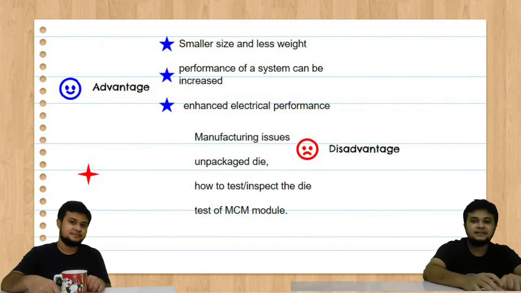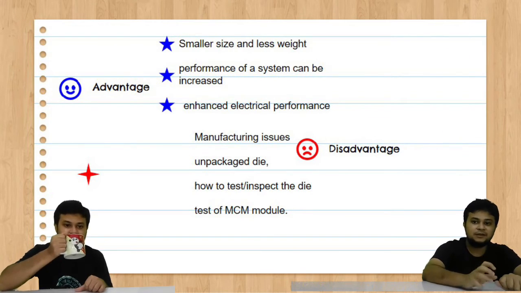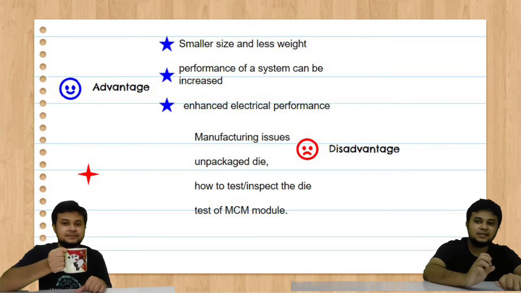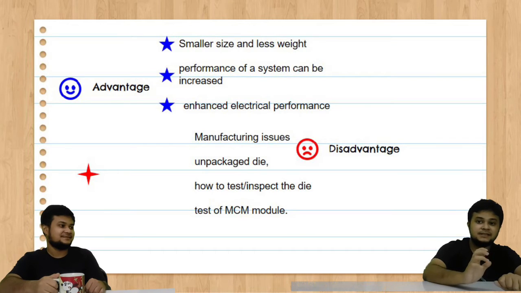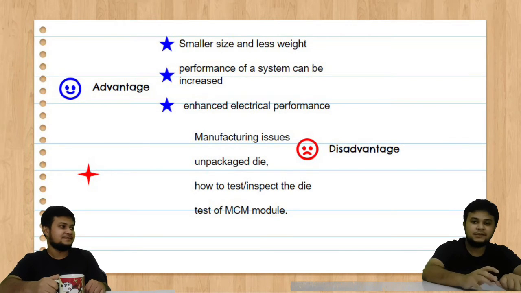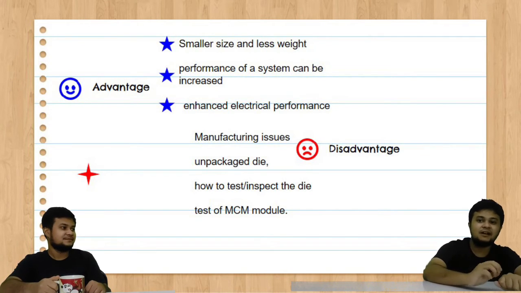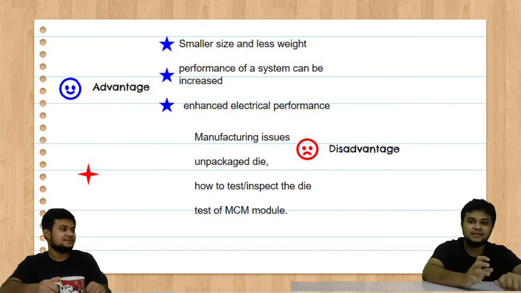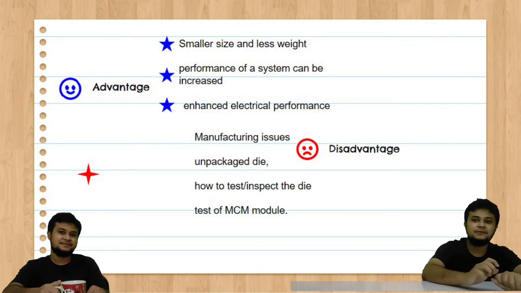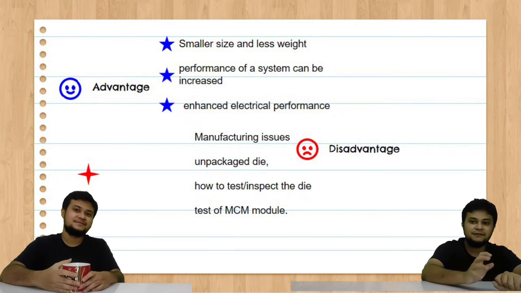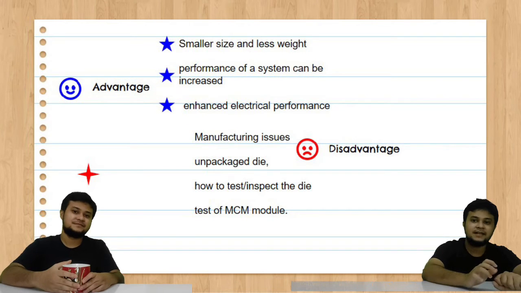The advantages are lower power consumption, where a smaller device results in lower power consumption. Next is mixed-signal application. MCM allows the integration of chips made from different technology in one package. Lower cost: cost saving is a result of fewer packages with a fewer number of leads and simplified board layout.